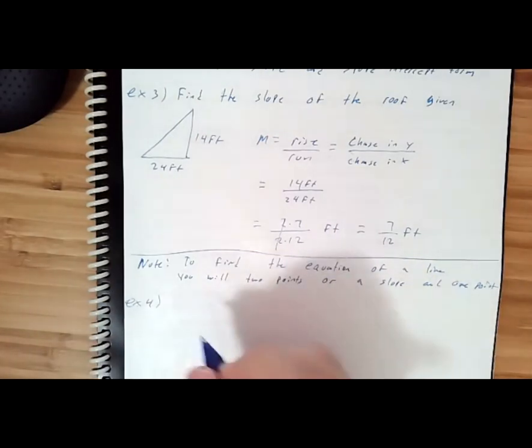Example 4 gives us 2 points. It says find the line passing through these points, calculate the slope. That's what they want. I think later they'll make us find the line. Let me check. Nah, they don't ask, but we're going to do it anyway, just in case.